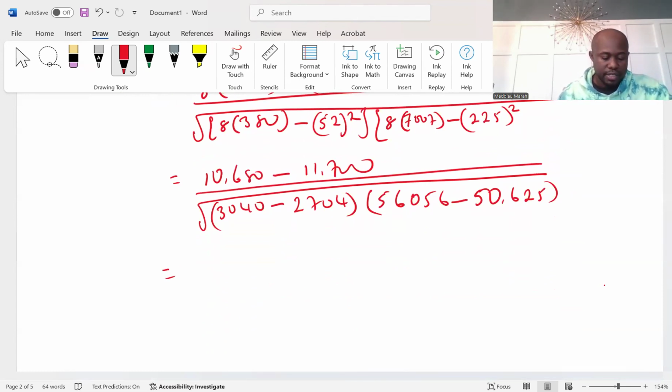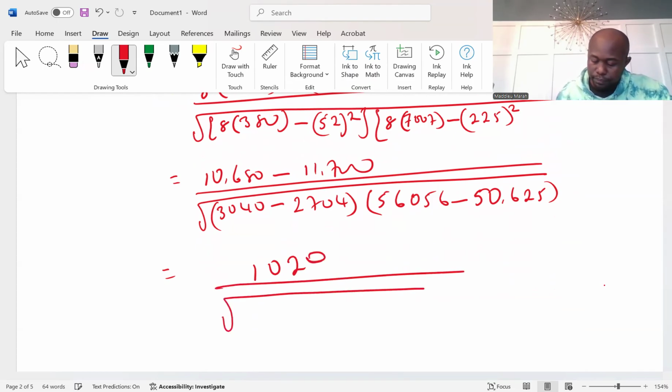Numerator: 10,680 minus 11,700 is negative 1020. 3040 minus 2704 is 336, and 56,056 minus 50,625 is 5431.